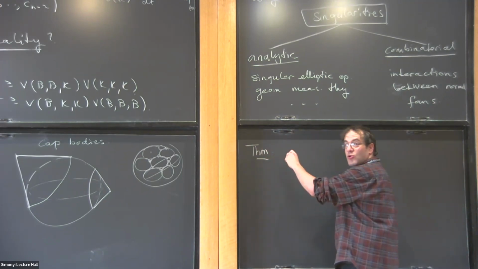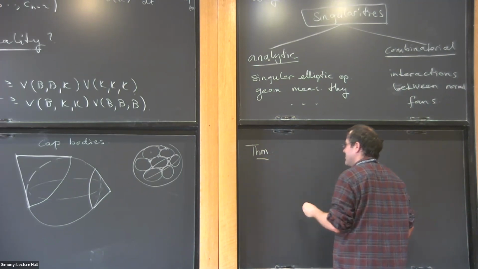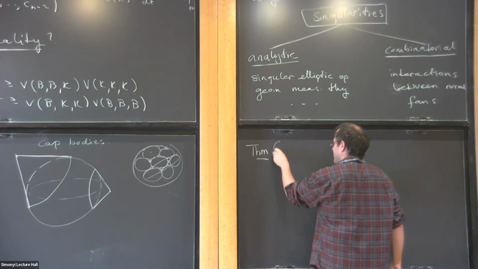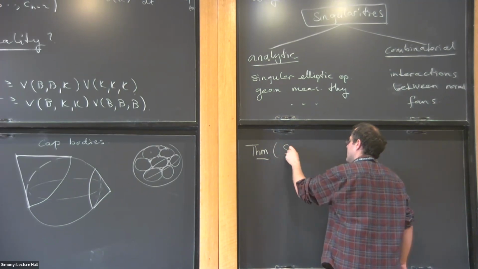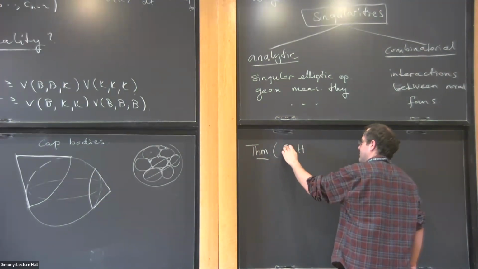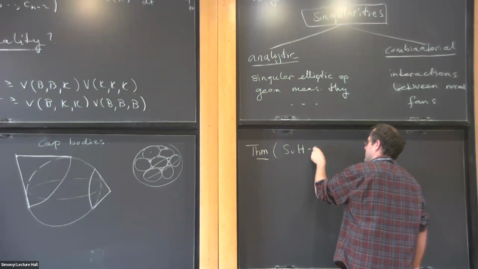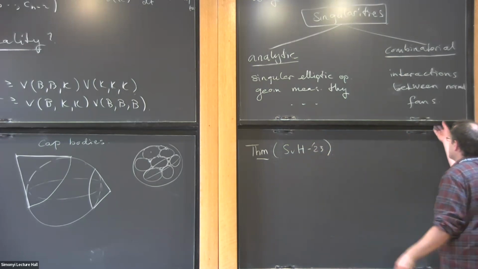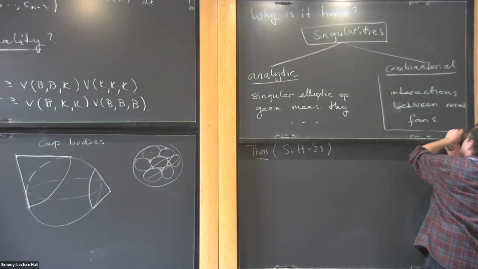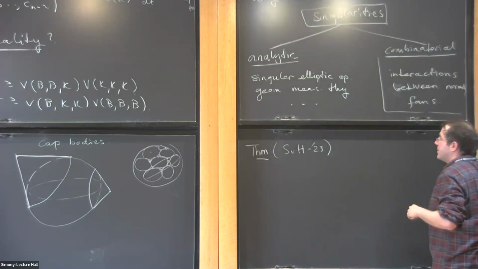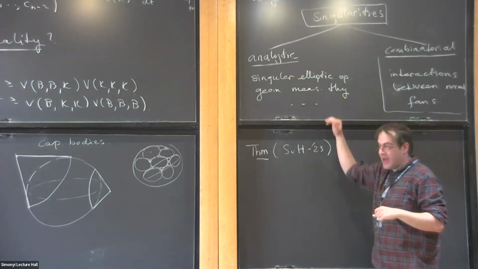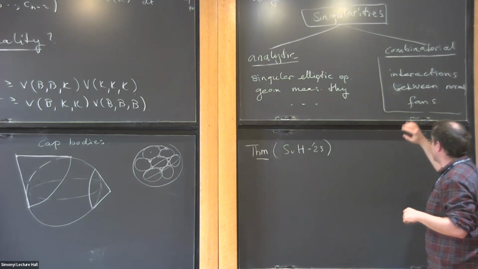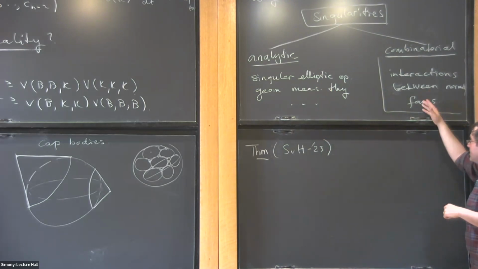It took me more than half an hour to get there, but let me write down something resembling the theorem. This is joint work with Shenfeld and myself. In this talk, I want to focus mostly on the combinatorial side. We have results on the analytic side too, but let's focus on the combinatorial side.